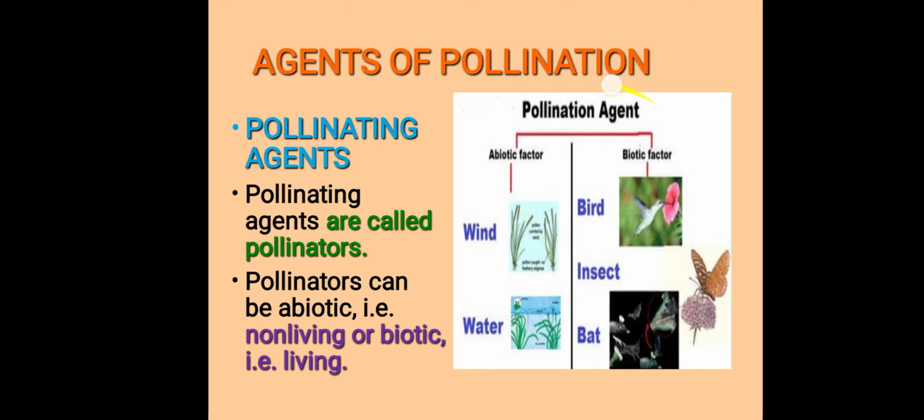Abiotic would be wind and water, and biotic would be birds, insects, and bats. They help transfer pollen grains from the male part of the flower to the female part of the flower.